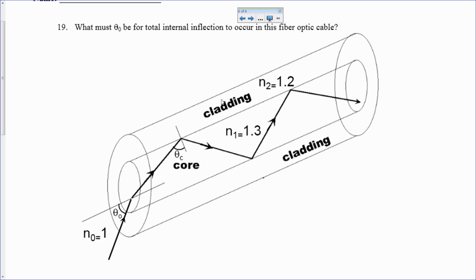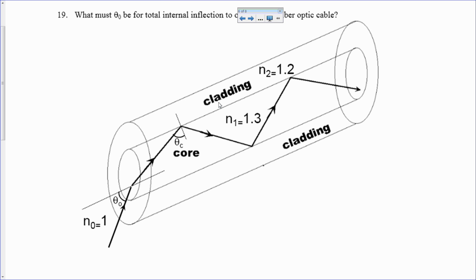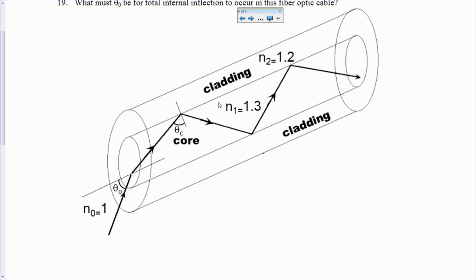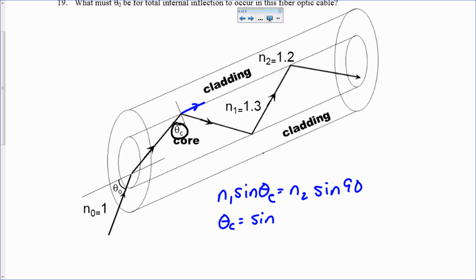All right, couple steps to this. I first need to find what is the critical angle, theta C, right here. We had a homework problem basically identical to this. I'm going to have n1 sine theta C equals n2 sine of 90. That's the critical angle that will cause the ray to go at 90 degrees to the normal. So theta C is the inverse sine of n2 over n1.